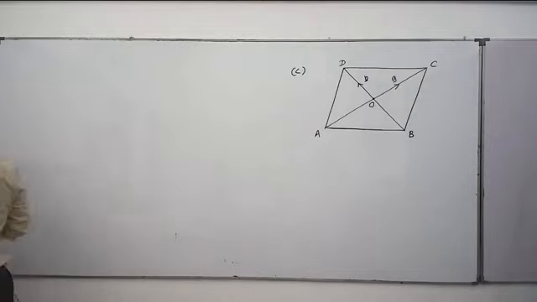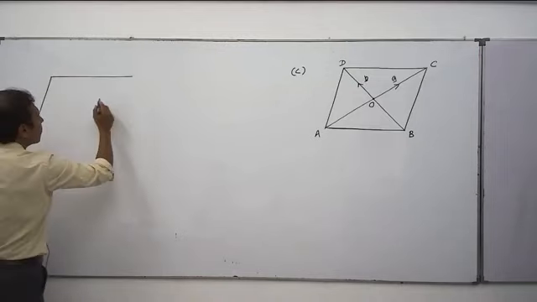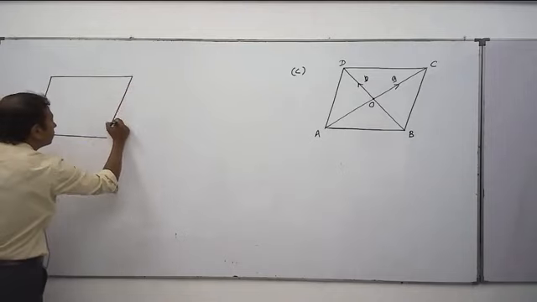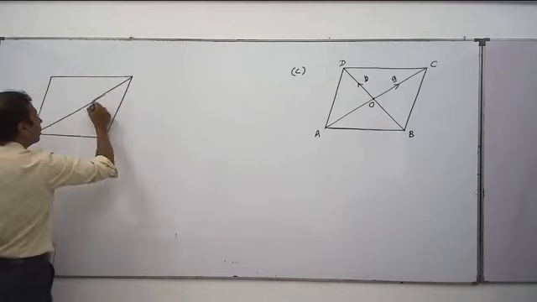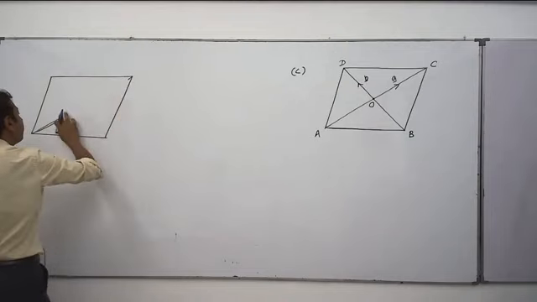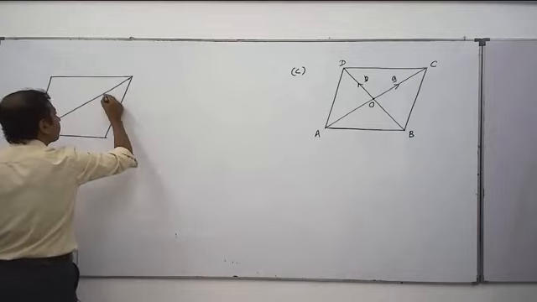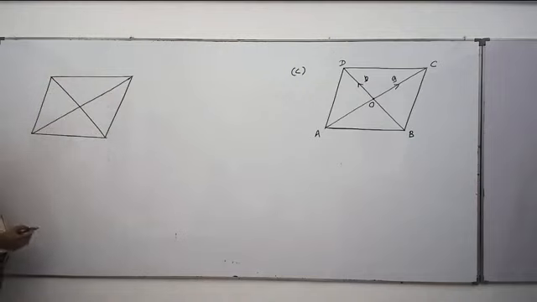When we consider, people, this parallelogram, one property of a parallelogram is, you know, the diagonals bisect each other. The diagonals bisect each other. These 2 are equal.